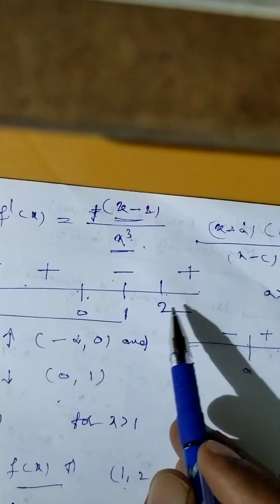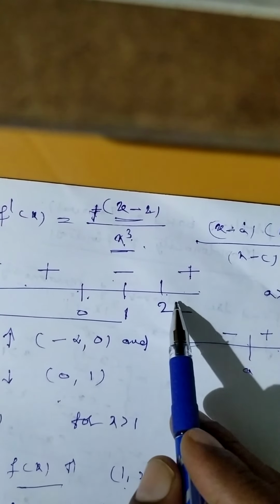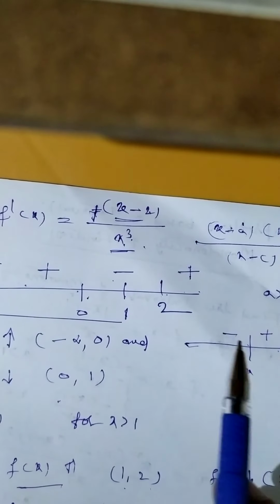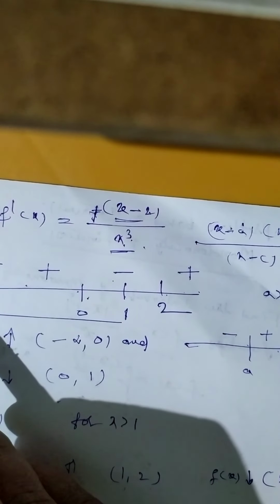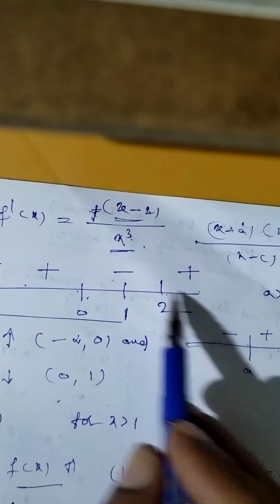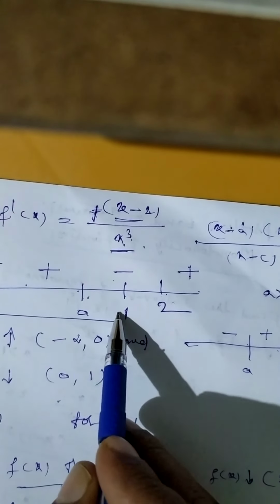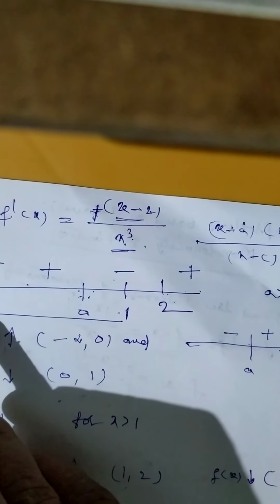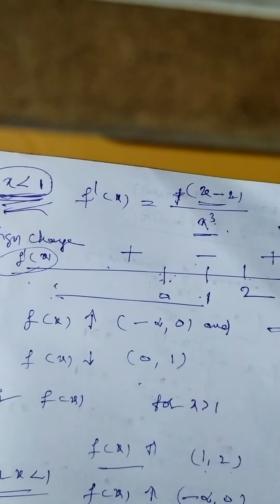Therefore, by the sign scheme, with x less than 1 allowed in this case, we consider 1 between 0 and 1. Between 0 and 1 the function is decreasing, and before 0 the function is increasing.